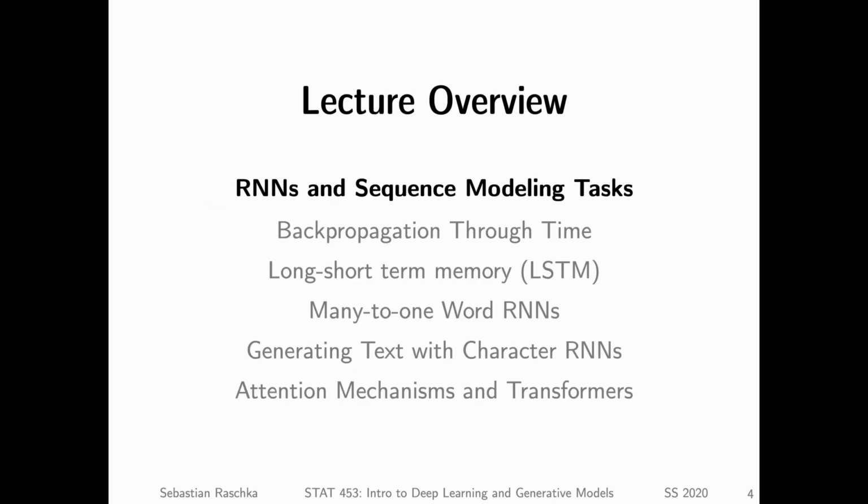Okay, the lecture overview for today. First of all, I will introduce RNNs, now that I have mentioned them a couple of times. Then we will look at the modification of backpropagation that we can use for RNNs, which is backpropagation through time. Then we look at certain modifications of RNN architectures themselves by using the so-called long short-term memory, which makes them more robust to vanishing gradient problems.